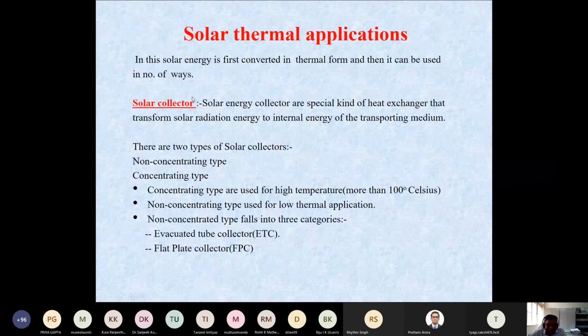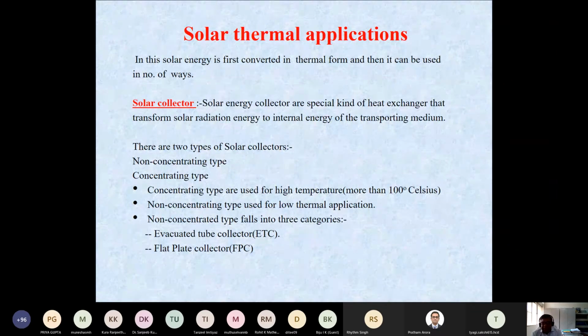So I just say the solar collector, that means a system. When you want to use solar energy for your application in terms of thermal energy, the system is known as a solar collector.